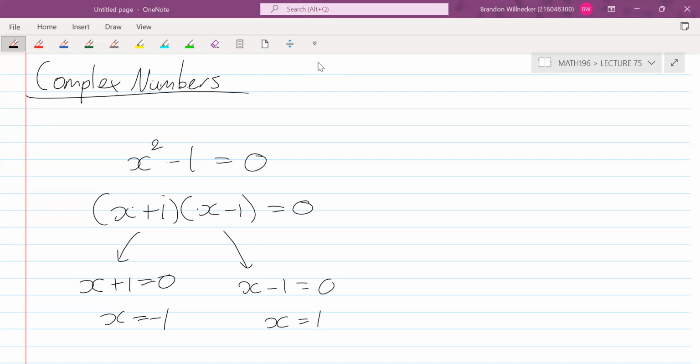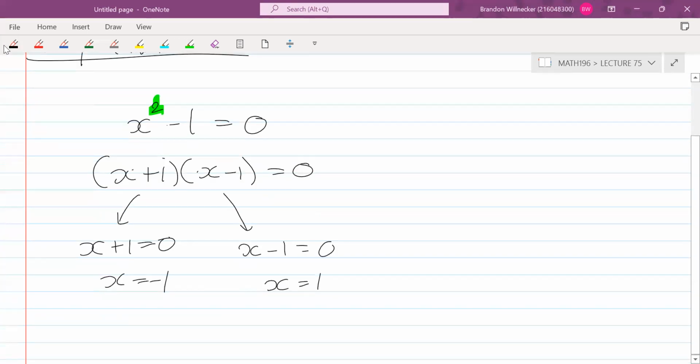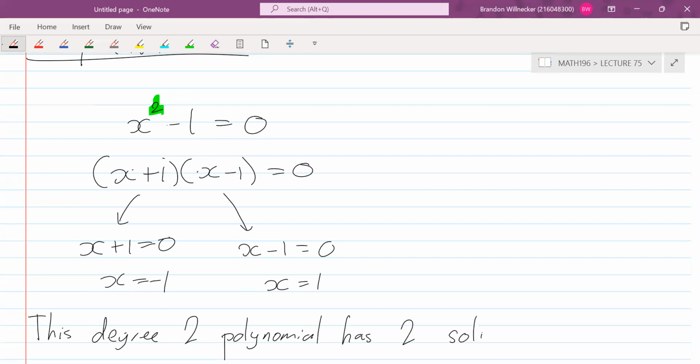So this quadratic equation, a degree 2 polynomial, has two solutions. One being x equals minus 1, the other being x equals 1.